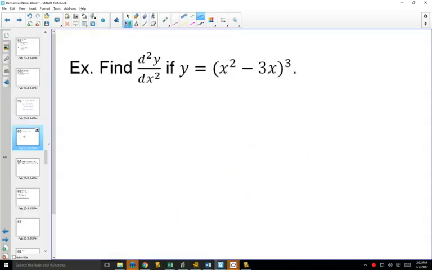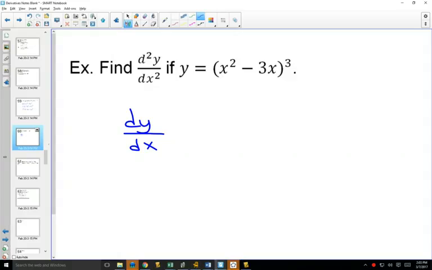So here's just Leibniz notation. If y is equal to x squared minus 3x, all cubed, what kind of rules would I have to use to find dy dx? It's going to be a chain rule. Can you see that there's a function inside of another function? When we do the chain rule, I talked about hugging your function to find out what your outside function was. Going from the outside, can you see that your first function is the cubed?